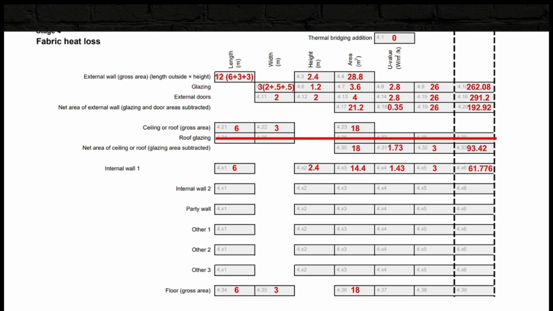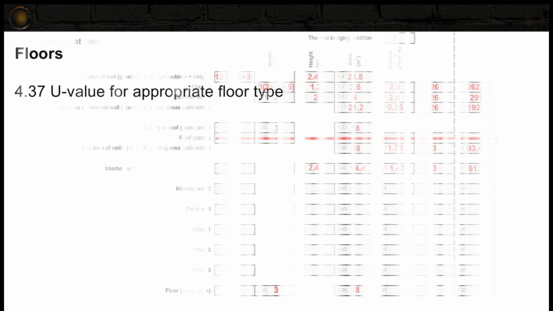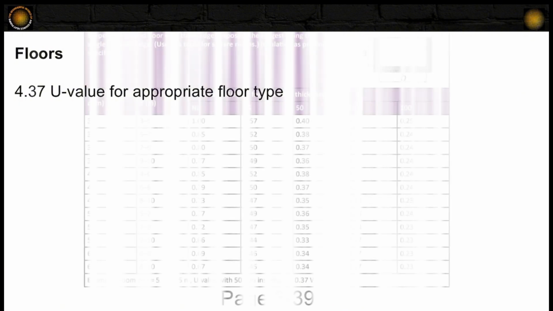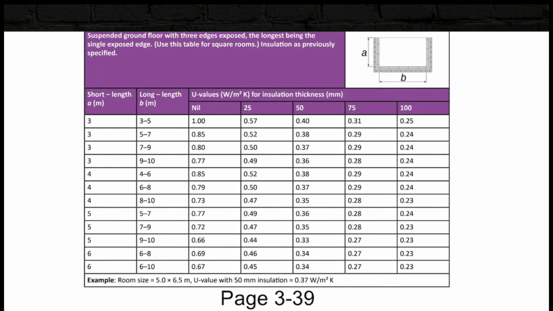Now the U value for the floor. U values for floors are probably the trickiest to ascertain from the tables. Now, we had 100 mil insulation, but it's all about the configuration of our floor as well. So we have 1, 2, 3 exterior walls, with wall B being longer than wall A, the longest out of the 3.